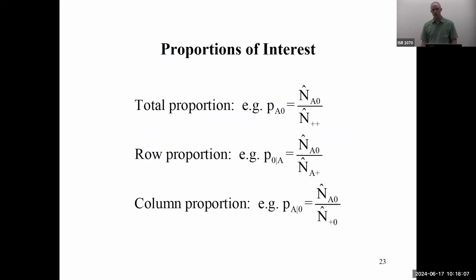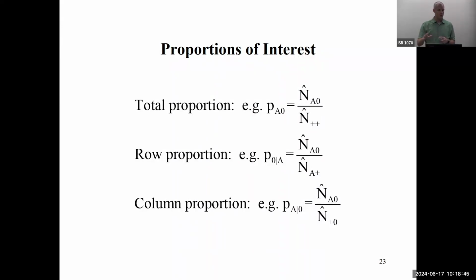In this kind of 2x2 table, there are several proportions that we might be interested in. One example is a total proportion. This says of everyone in the population, what's the probability of belonging to a particular cell in this table? That's the definition of a total proportion. Some people think of this as a cross classification. If we were to divide the population up into all the groups defined by the cells in this table and estimate what fraction of the population falls into each cell, that would be the total proportion.